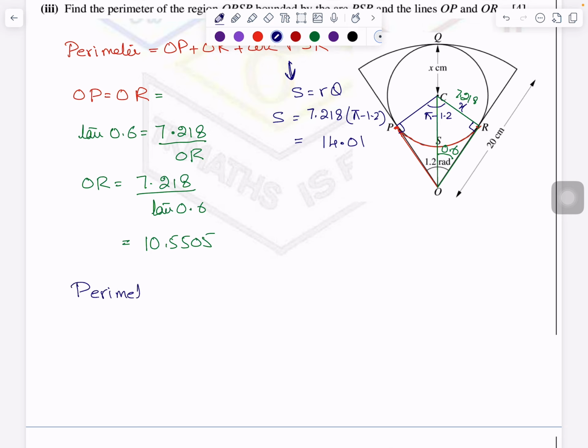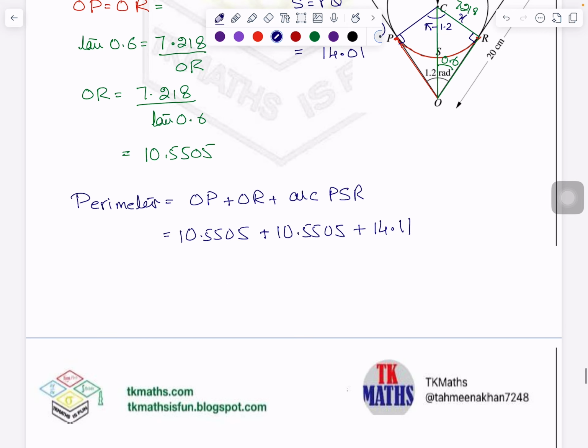Perimeter is equal to OP plus OR plus arc PSR. So OP is 10.5505 and the same is the value of OR. And the arc length was coming to 14.01. So add it up. It is equal to 35.1 centimeters.